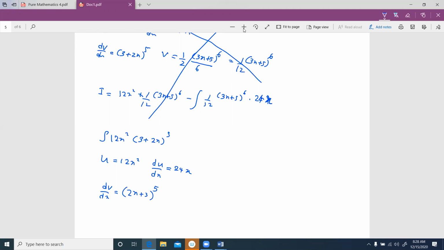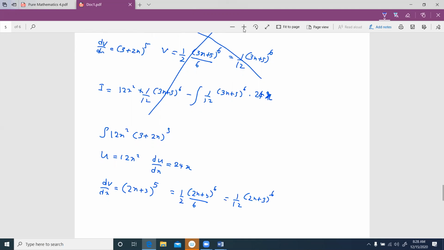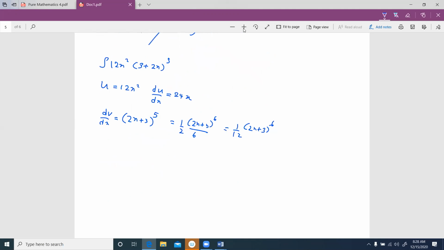With that you can say 1 over 2, 2x plus 3 to the power 6 over 6, which turns up to 1 over 12, 2x plus 3 to the power 6. Then how can you go ahead with this?